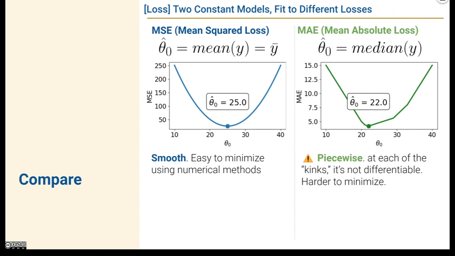All right, in the mean squared error column, this function is what we call smooth, meaning it doesn't have these little jagged corners like our piecewise one. And in particular, that means I can use calculus and easily optimize it, finding the minimum pretty quickly. This piecewise has these little kinks, meaning it's not differentiable. It's harder to minimize.